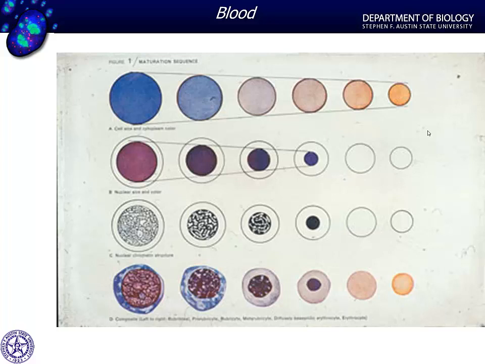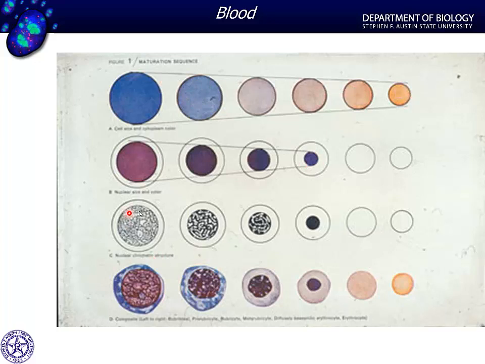Now, this is a rather ancient picture from a book, but it does a really nice job showing you these progressive changes. Here we see essentially no hemoglobin down to full hemoglobin. Here we are looking at nuclear size, and we are showing how that nucleus becomes more and more compacted. This is also showing the size of the overall cell decreasing.